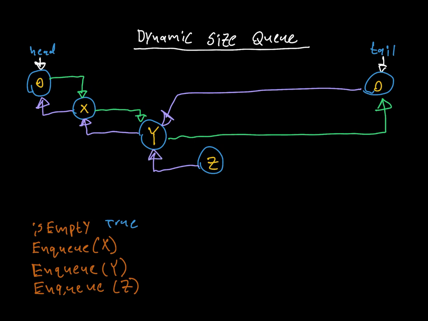We are then going to set the next for our new node to be tail. We're going to go to tail's previous node and set this node's next as our new node. And we are going to set the previous for tail to be our new node.